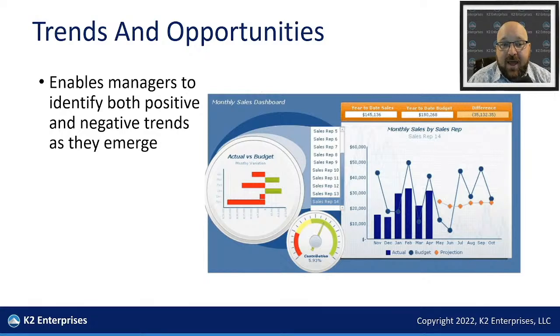And it allows managers to be able to identify all different types of trends inside the business. Positive trends for like sales, different opportunities for different products or categories to gain new customers or to see additional revenue. And we also could see this as it relates to our expenses too, like when certain expenses are creeping up, or we could start seeing how certain things correlate with each other. So like this type of thing in our business causes this type of expense to go up and more.